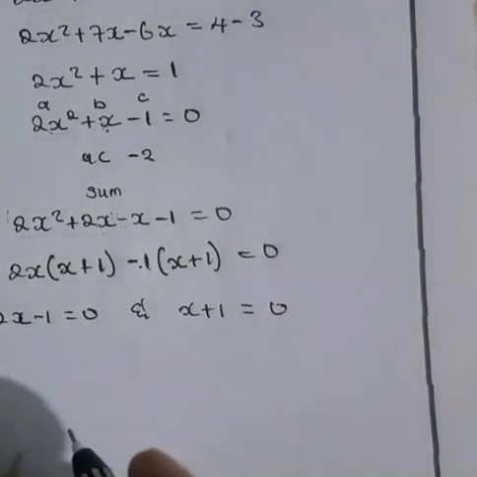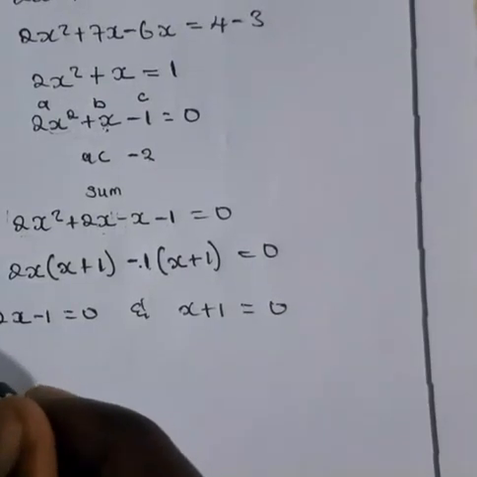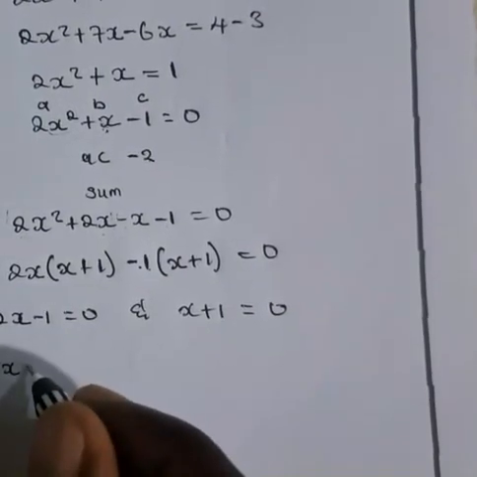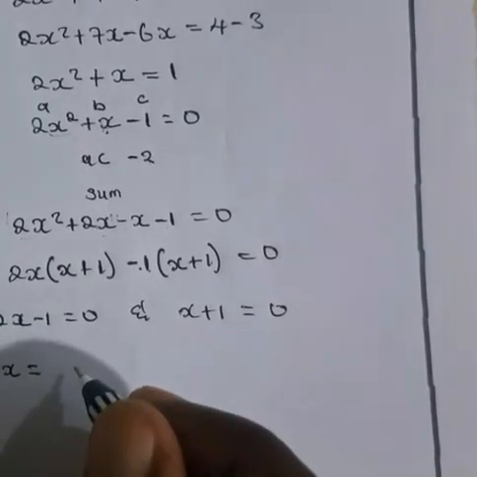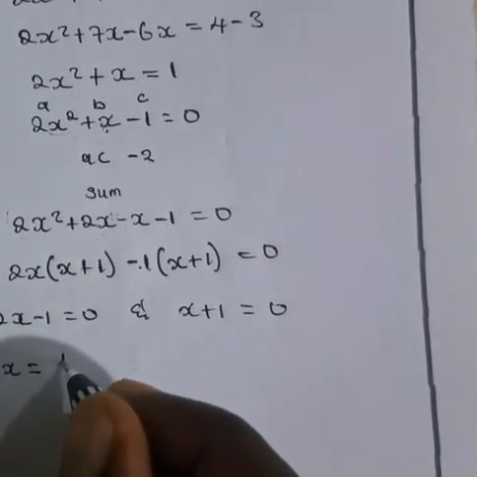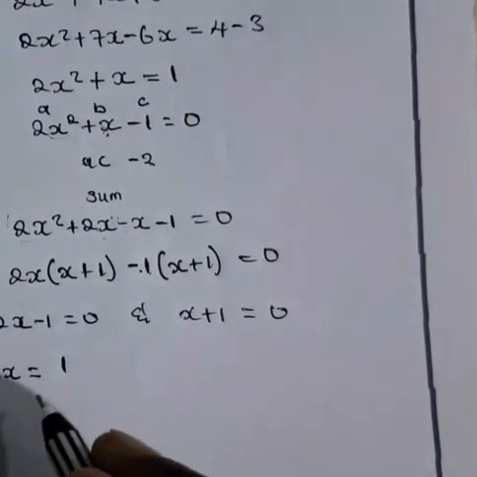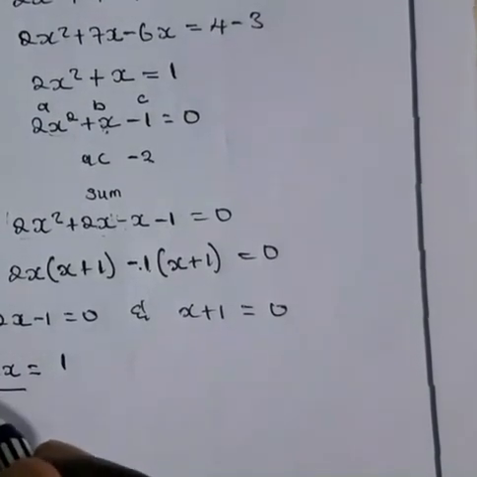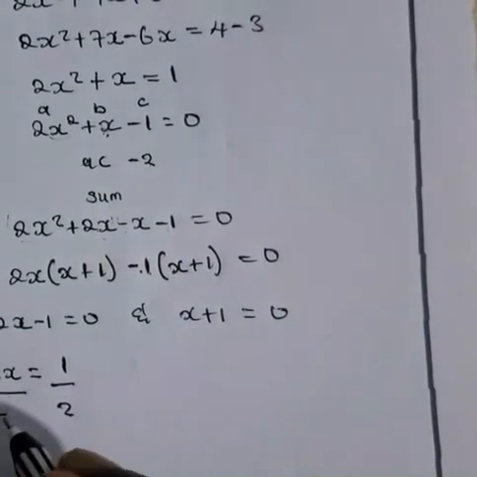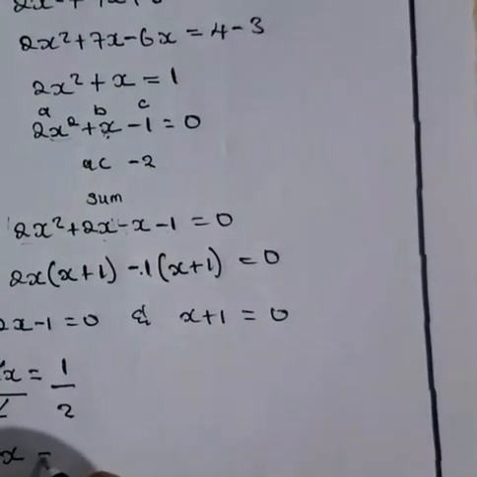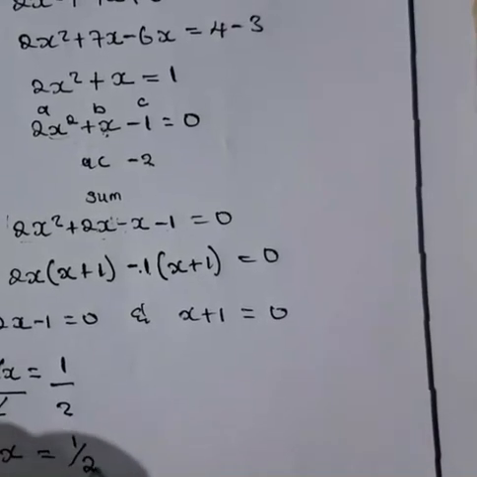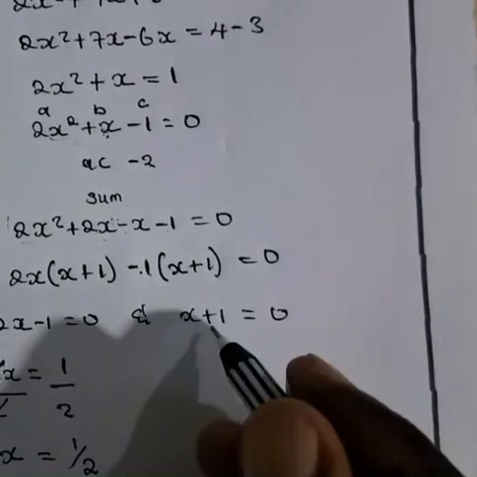So for this one, we're going to have 2x is equal to, this one will go the other side, it will be 1, isn't it? So finding the value of x, we're going to divide this one by 2, even this one by 2. So x here is equal to 1 over 2. How about here?